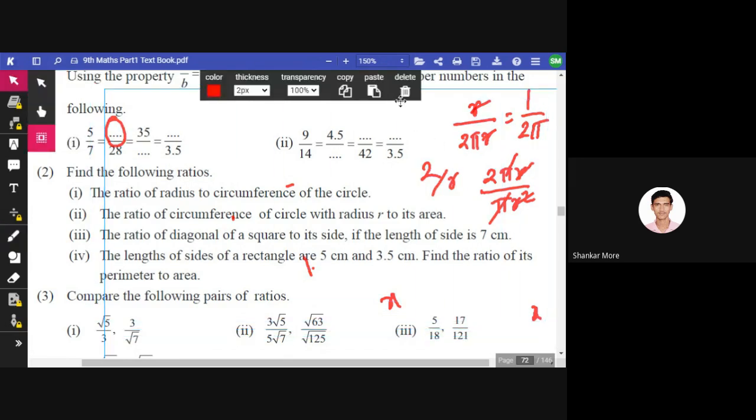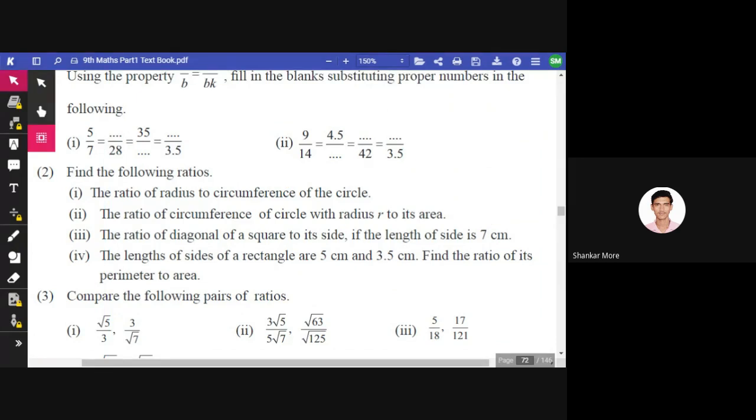Okay. Now what is the third one? The ratio of diagonal of a square to its side if the length of side is 7 centimeter. So here we will have to calculate. Right, so try and calculate. We have a square whose side is 7 centimeter.